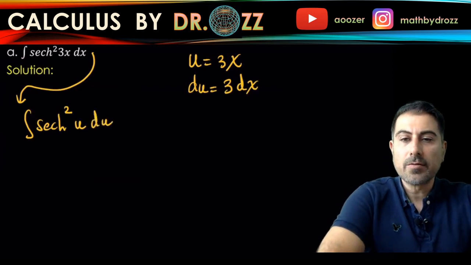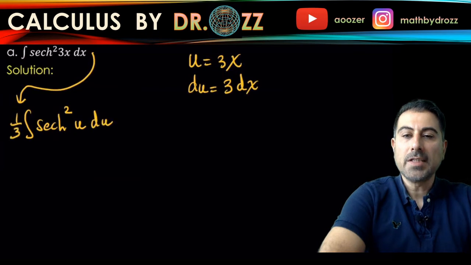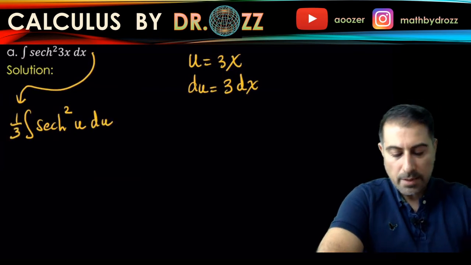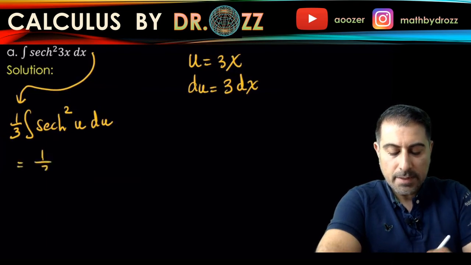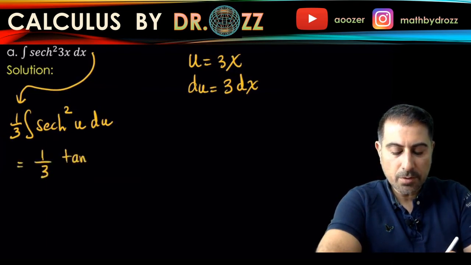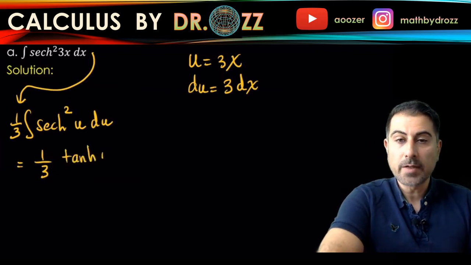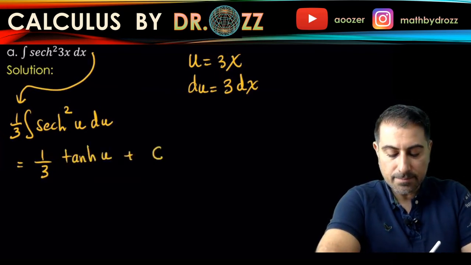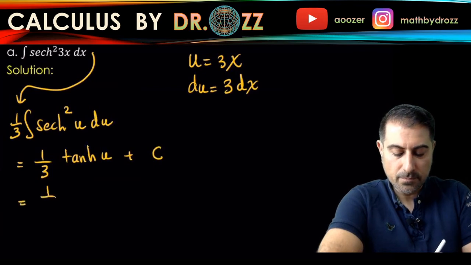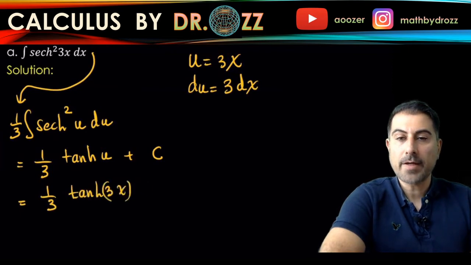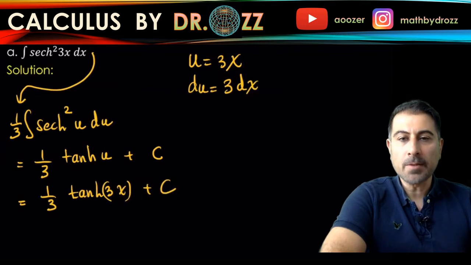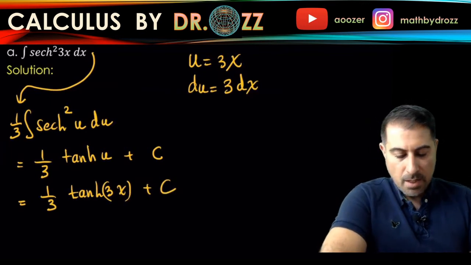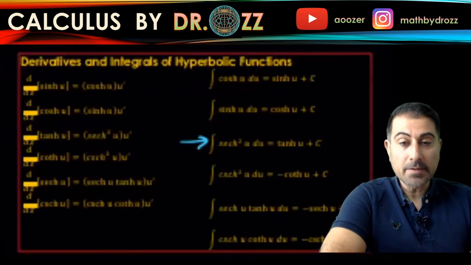So in turn I have 1/3 secant hyperbolic squared u du, and this integral, based on the table, is tangent hyperbolic u plus c. u originally is 3x, plus c. So this is just one simple u substitution problem, using one of the formulas listed in this table.